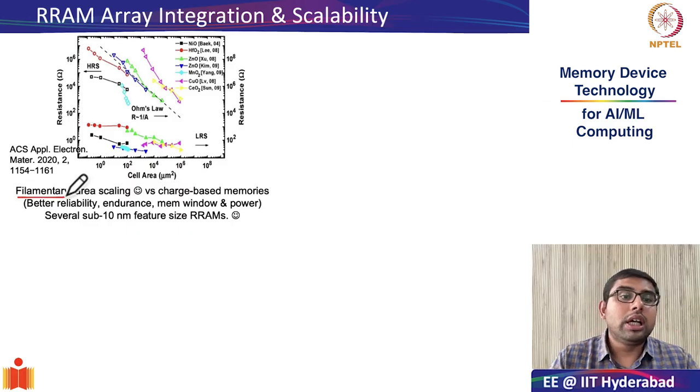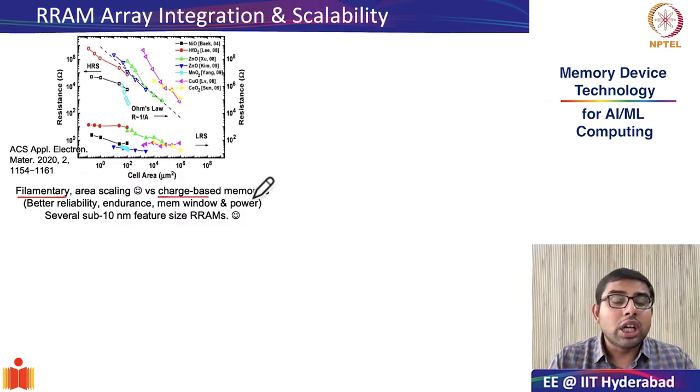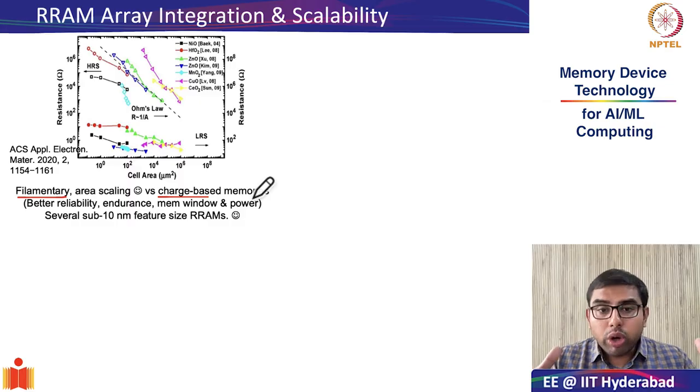So, as we had discussed in our first lecture, the filamentary nature of RRAMs renders it something very, very special. The area scalability of RRAMs is much better compared to charge-based memories such as NAND flash. So in NAND flash, when you reduce the area, remember you started facing the few electrons problem, and that created a lot of problems in reliability, memory window, and so on and so forth.